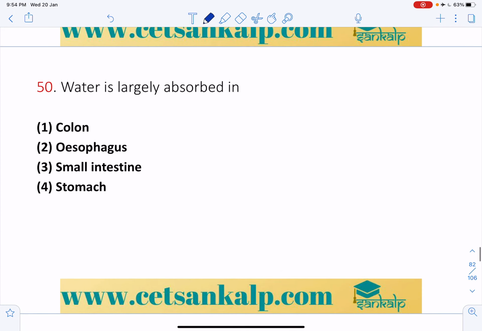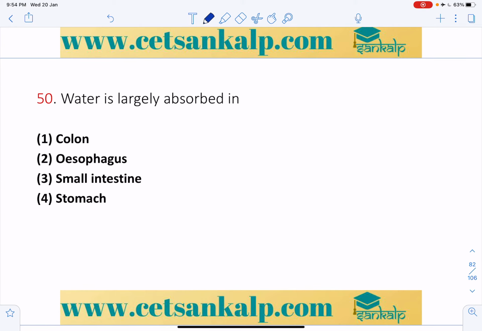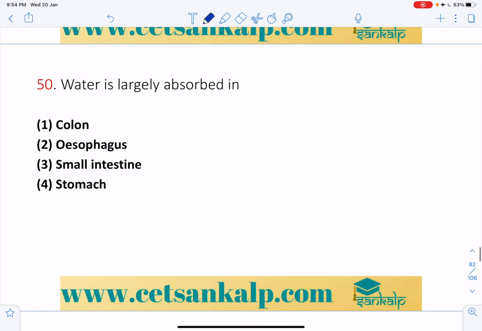Next, water is largely absorbed. Most of the water is absorbed in the small intestine. Almost all the nutrients and complete water are absorbed in the small intestine.